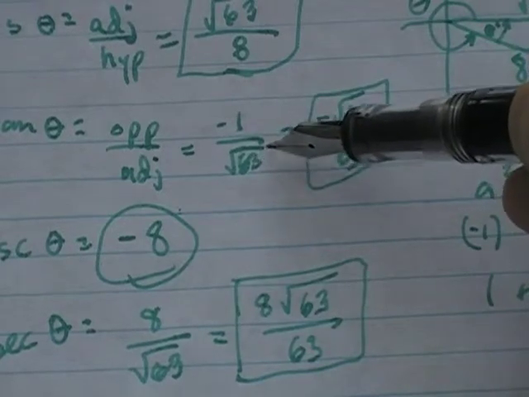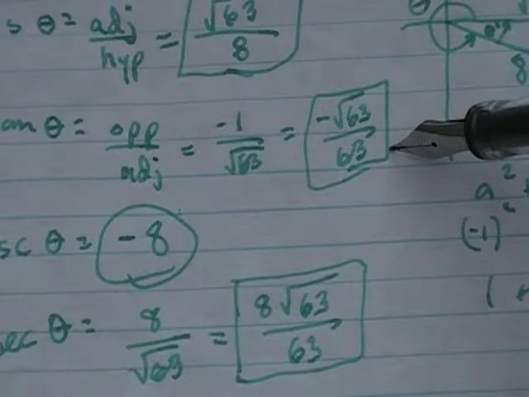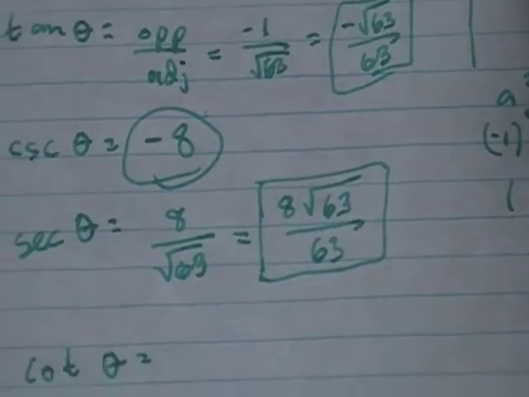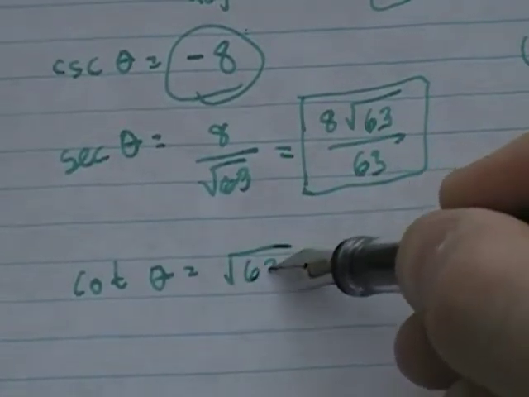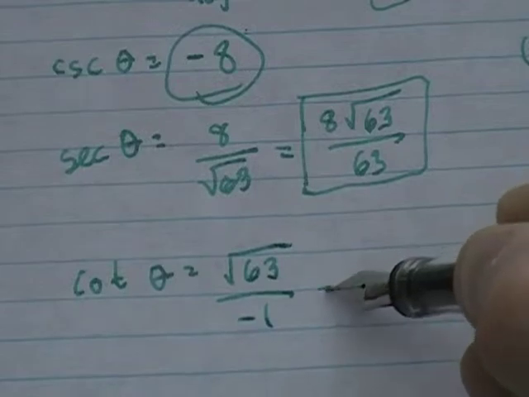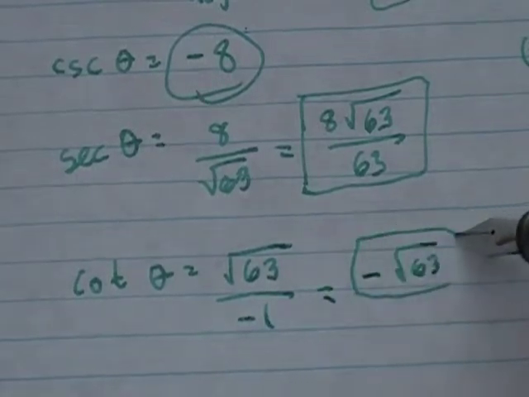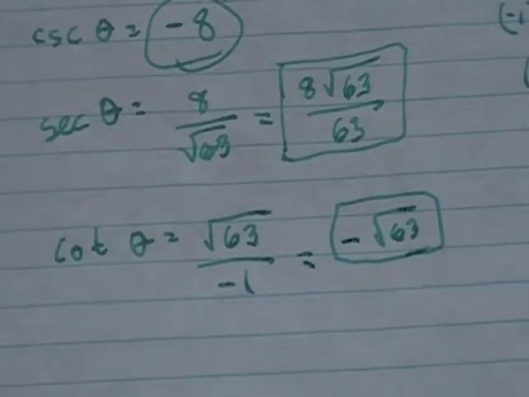Take the original value for tangent before you rationalized and flip it. So negative 1 over root 63. Flip that. You get root 63 over negative 1, which is just negative root 63. Okay, so nice, simple, easy answers. So that's how we do that.